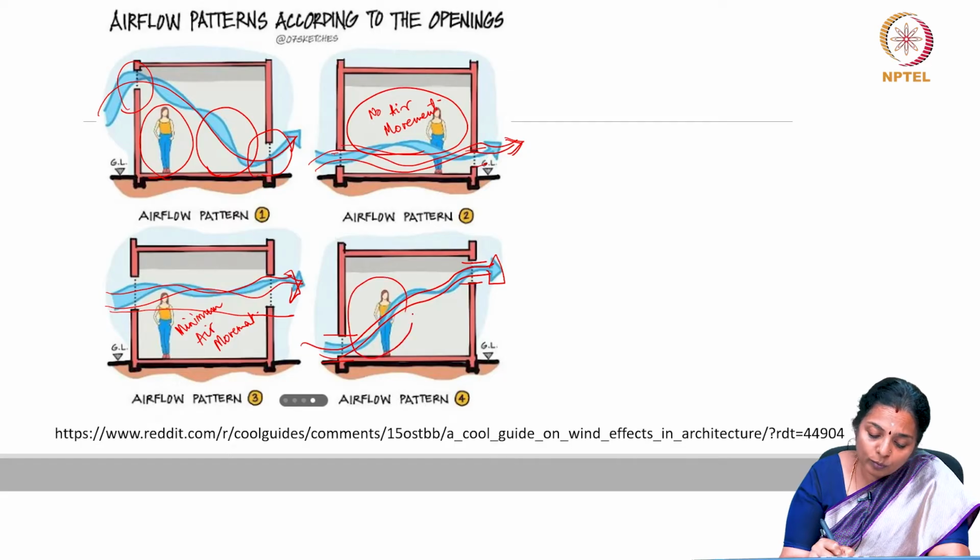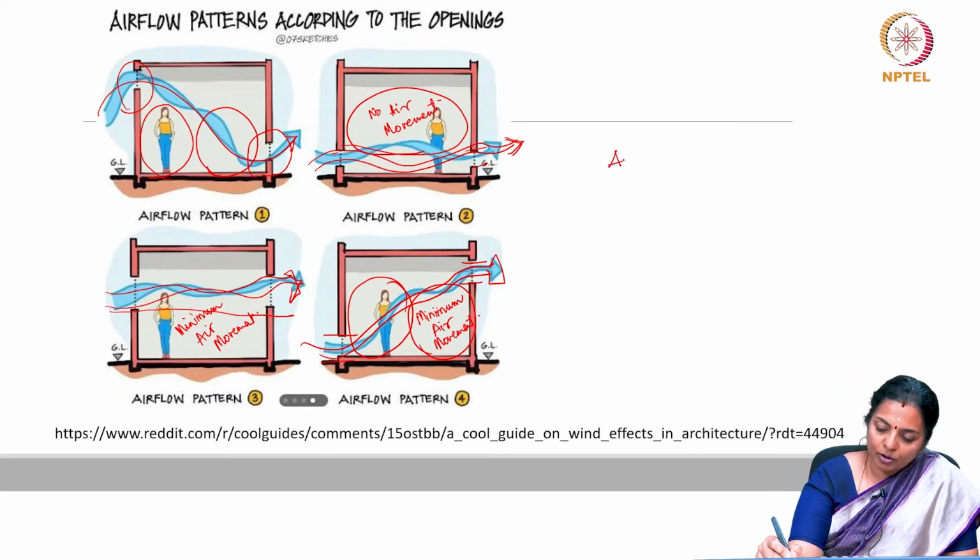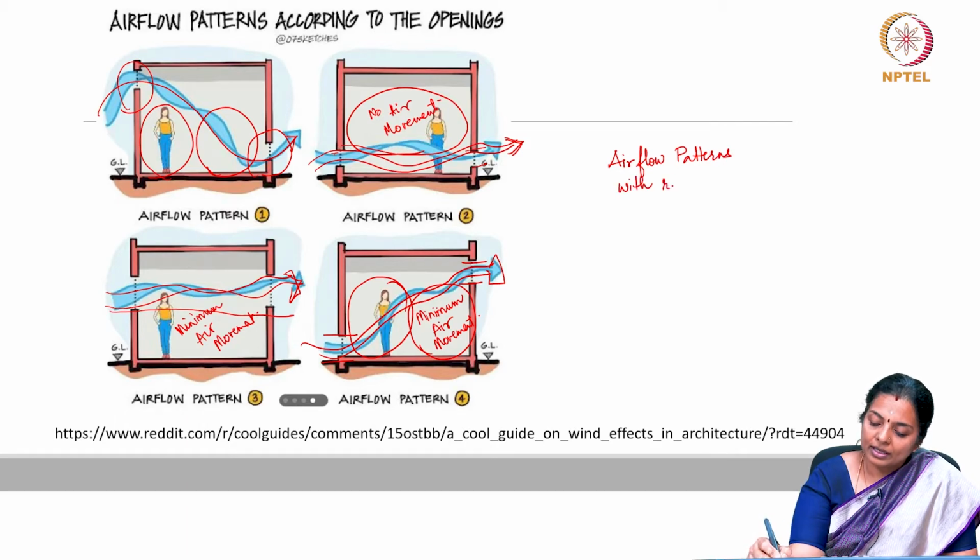There would be air movement at this level, but there will be minimum air movement at this level. So, it is important to understand air flow patterns with respect to inlet and outlet positions.